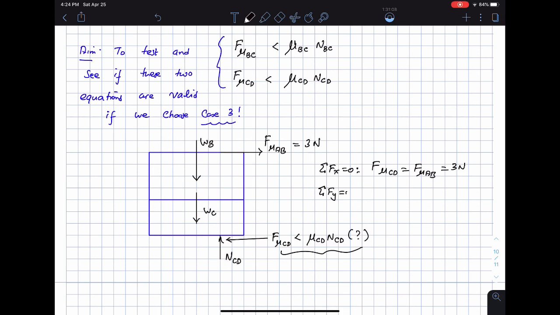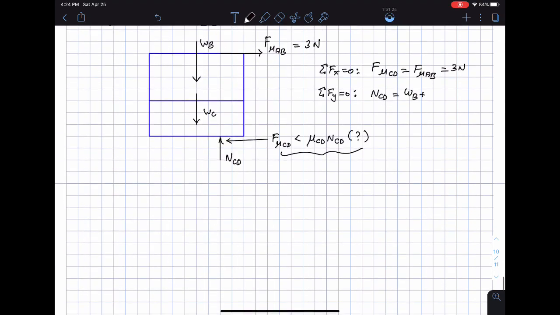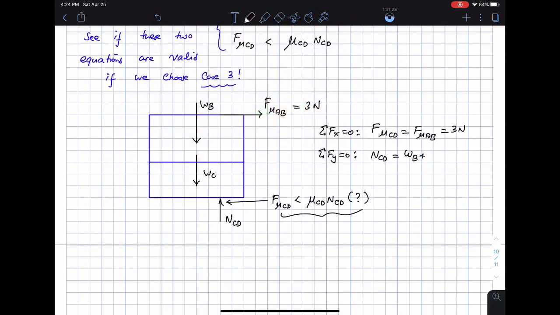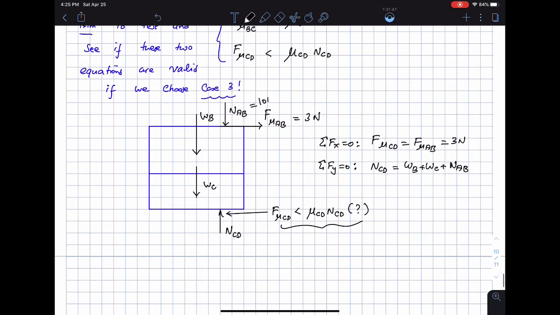Sum of forces in the y direction tells me that NCD is equal to WB plus WC, and I have an extra force that I need to account for in this case, which is the normal force coming from the box B and A. So this is NAB, so this is WB plus WC plus NAB, and NAB was equal to, I think, 10 newtons from above.